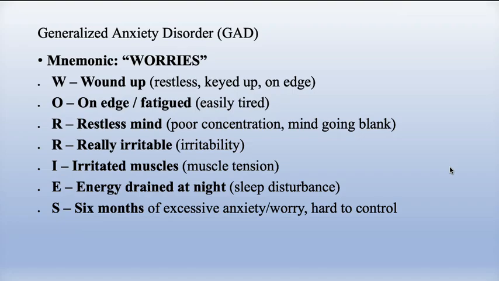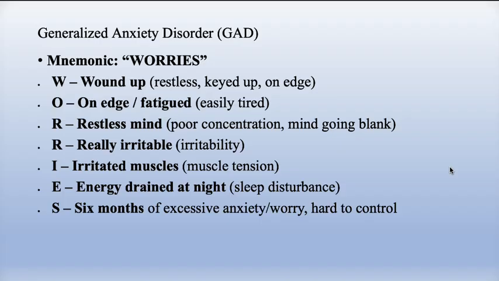So, general anxiety disorder. The mnemonic that I have is WORRIES. So if I think about general anxiety disorder, I think of the mnemonic WORRIES and I write it down as a list. W stands for wound up, restless, keyed up, on edge person. O in WORRIES is on edge, fatigued.